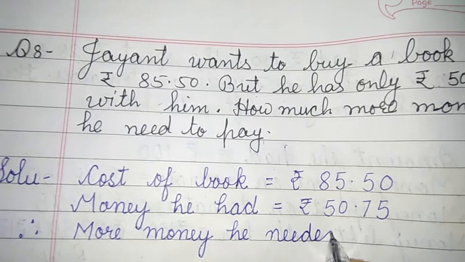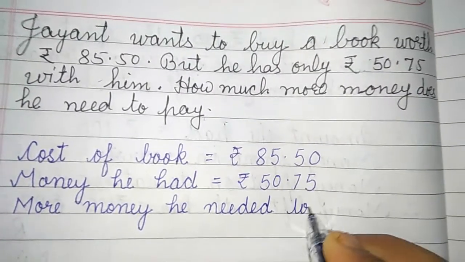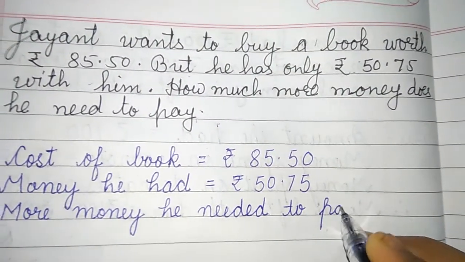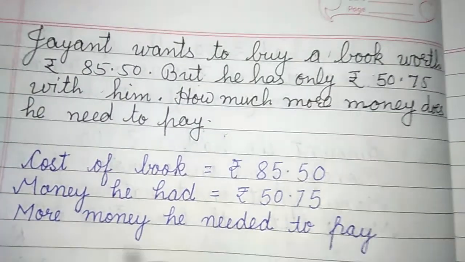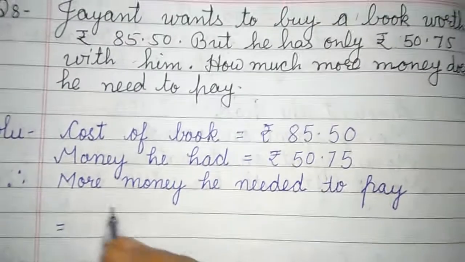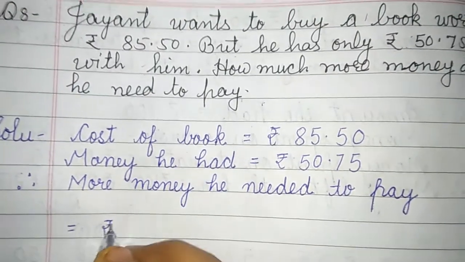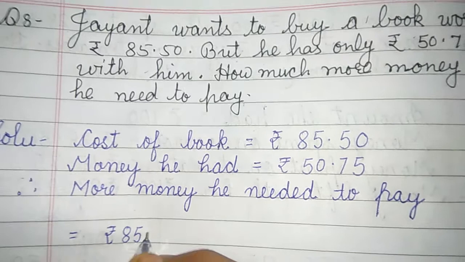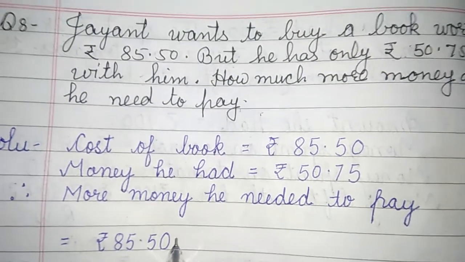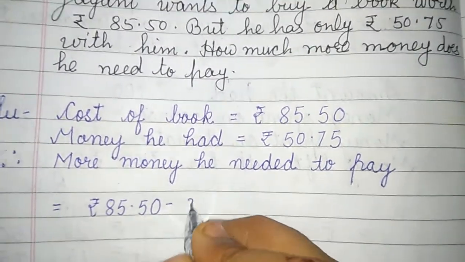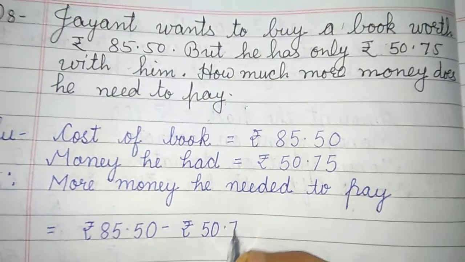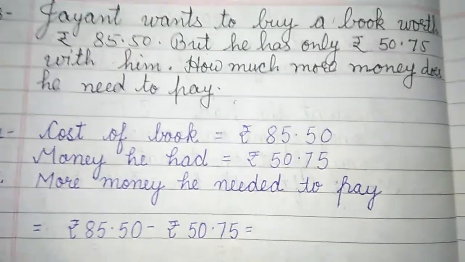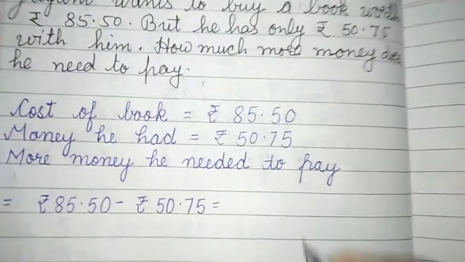First we will write the cost of the book, 85.50, minus the money he had, rupees 50.75. Let's subtract.